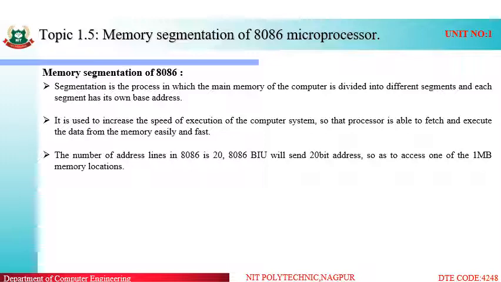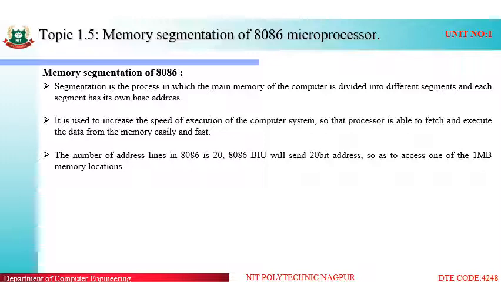That means the total memory of our computer will be divided into blocks, and each memory block will have its base address. Base address means the starting address of that memory block.